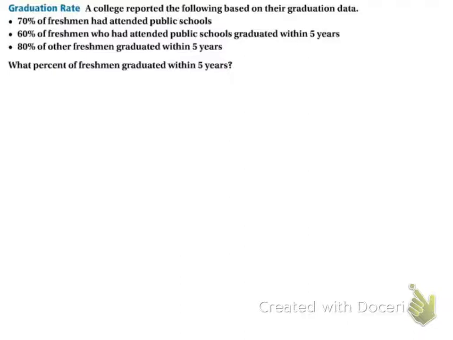So the next two problems, again, these are going to be slightly different. So when I'm looking at what they're asking, I want to find the percent of freshmen that graduated. And so this is going to be a little bit different because this isn't necessarily going to be conditional. I'm not going to use my formula, so this one's going to be not conditional.